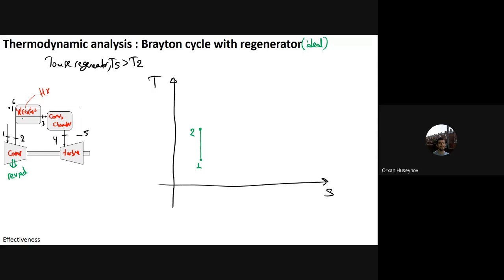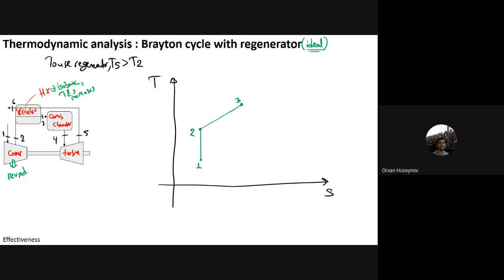And then comes the regenerator, which is a heat exchanger, and for ideal analysis it is taken to be isobaric. The pressure remains constant, but the entropy and the temperature increase. So you will have something like this, and this will go to state 3.